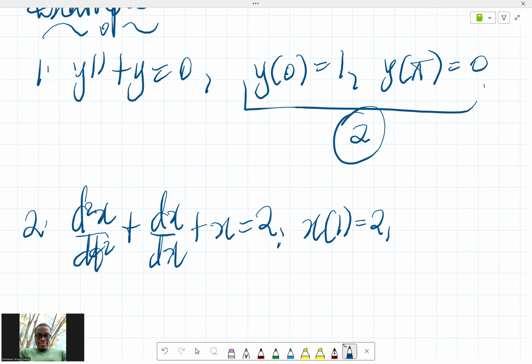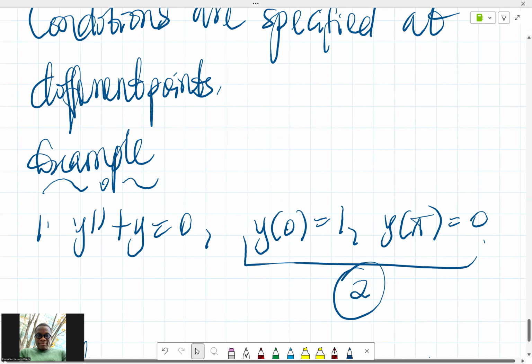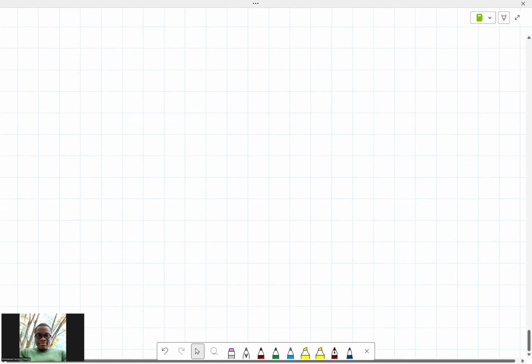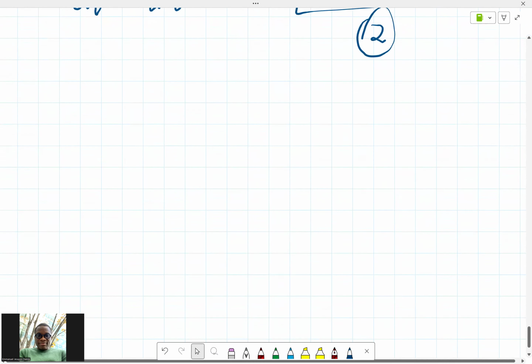And then you have x(1) = 2, and then you have, say, x(7) = 4. Or in fact, it might even be x'(7) = 4. You can also have this. So you have two conditions, and this one involves a derivative. So this is actually a boundary value problem. Having said that, I think these are some key classifications of these things.